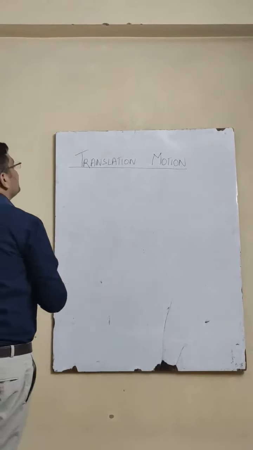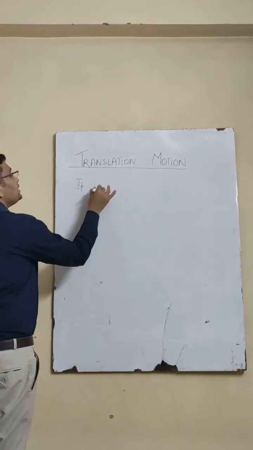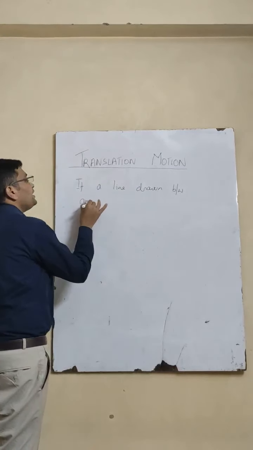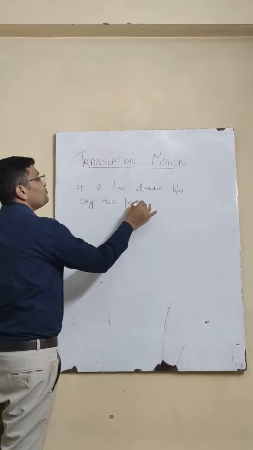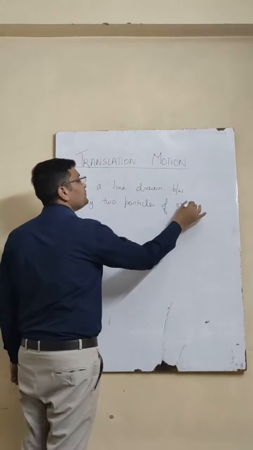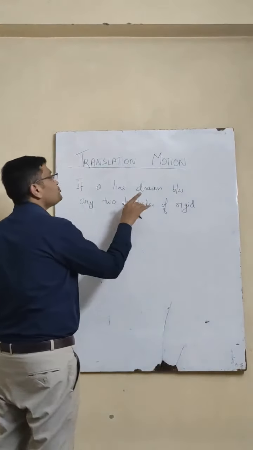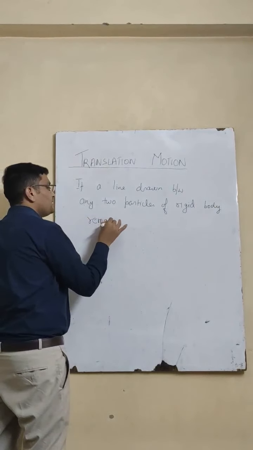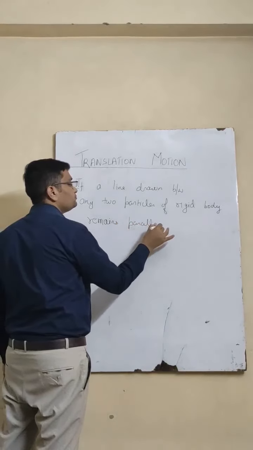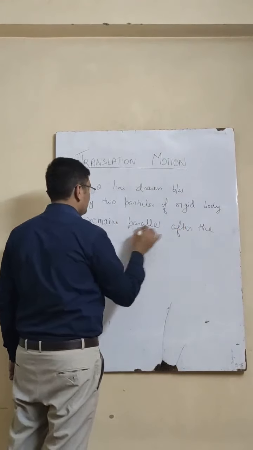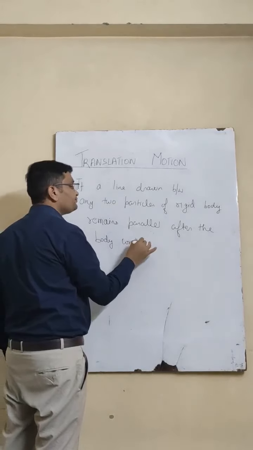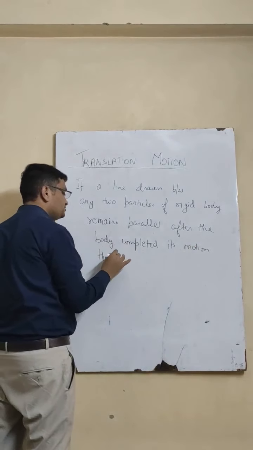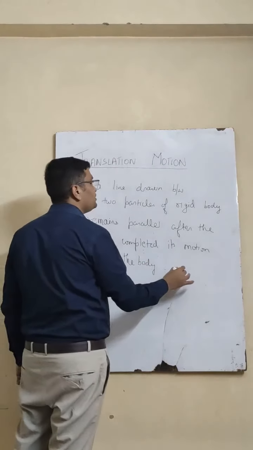The definition of translation motion: if a line drawn between any two particles of a rigid body remains parallel after the body has completed its motion, then the body is said to be in translation motion. Always in this chapter we will talk about rigid bodies only.